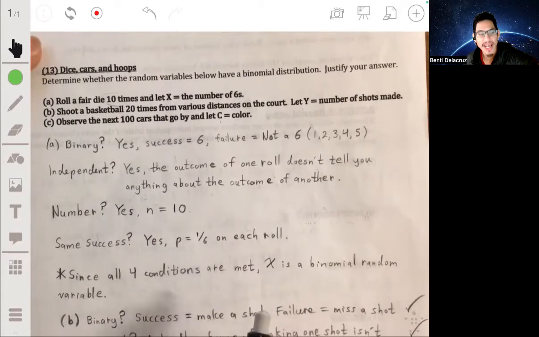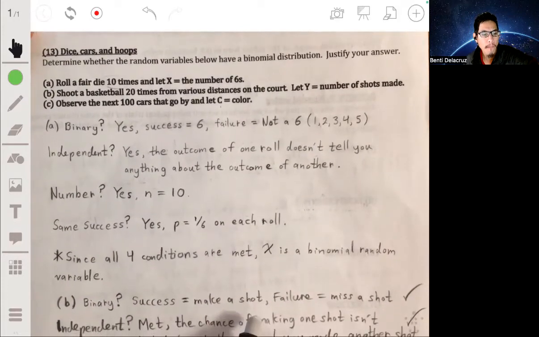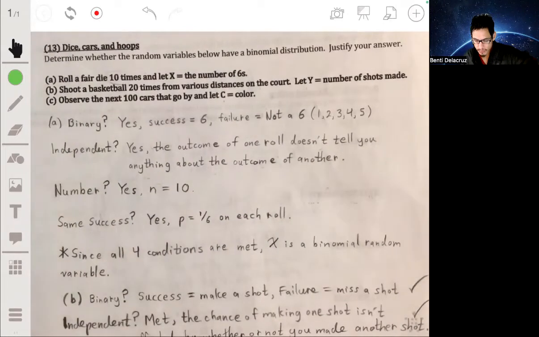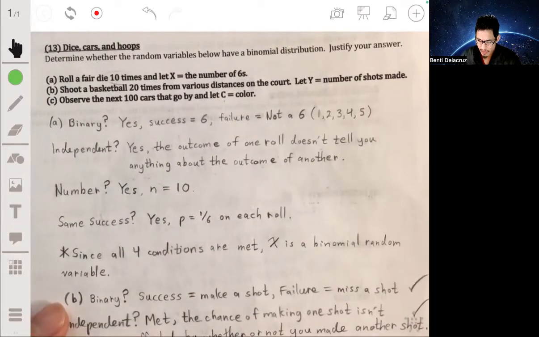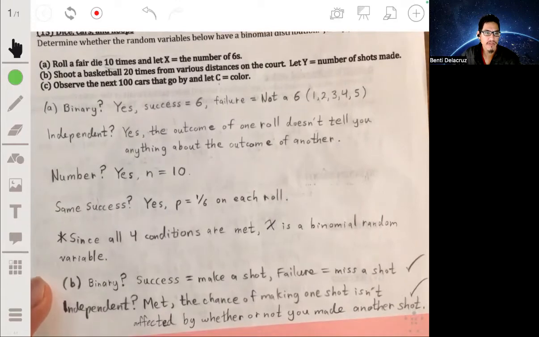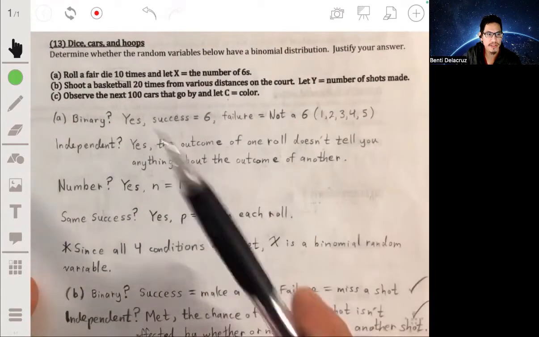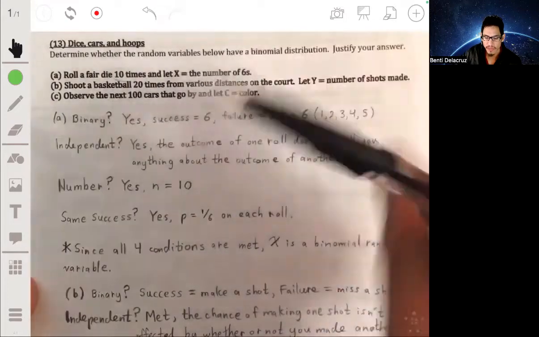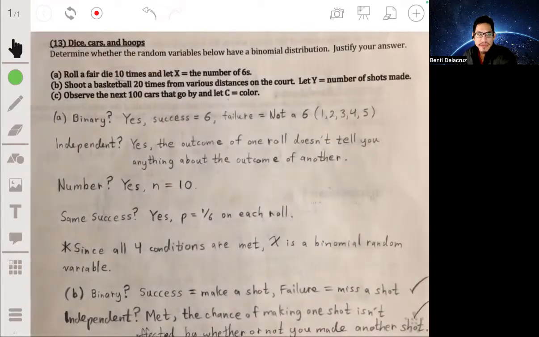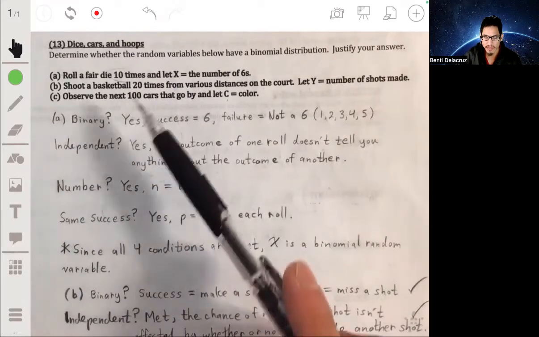So it meets the independence condition. Now the number condition: do we have a fixed number of trials beforehand? We're told that you're going to shoot the basketball 20 times, so the number condition is met, and n is 20.